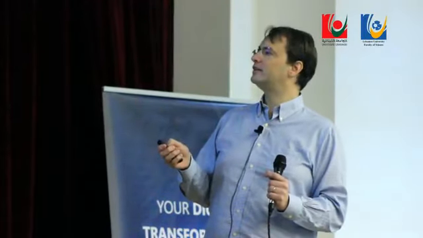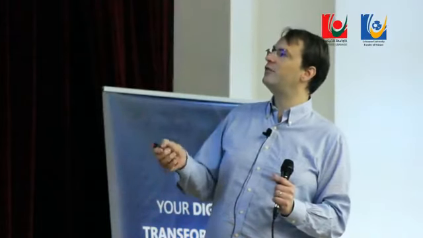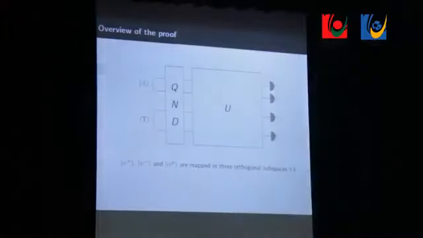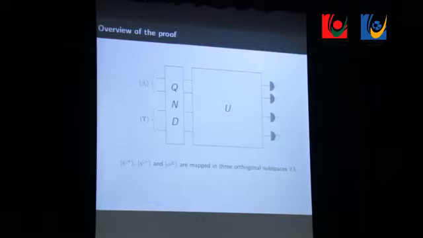And then, if you look carefully, I'm not exactly measuring the value of lambda, but lambda plus the number of horizontally polarized photons here. And you can see that if here you have a psi plus, or a psi minus, or one of the two phis, then the states, depending on the measurements, are mapped into three orthogonal subspaces, which means that I will always find a way from the result to know that I'm on psi plus, or psi minus, and then the question is whether I can distinguish those two.